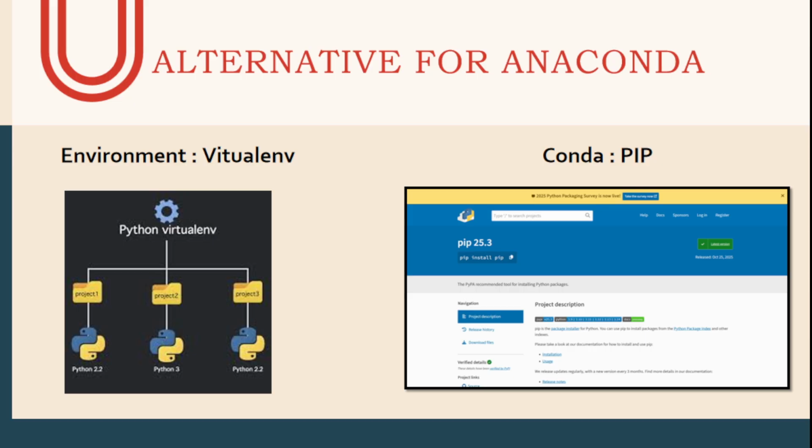Just like how you saw Conda, where you have installed packages, the other popular option is pip. Pip helps users navigate and download different versions of tools. Hence, environment and Conda in Anaconda can be replaced with virtualenv and pip.